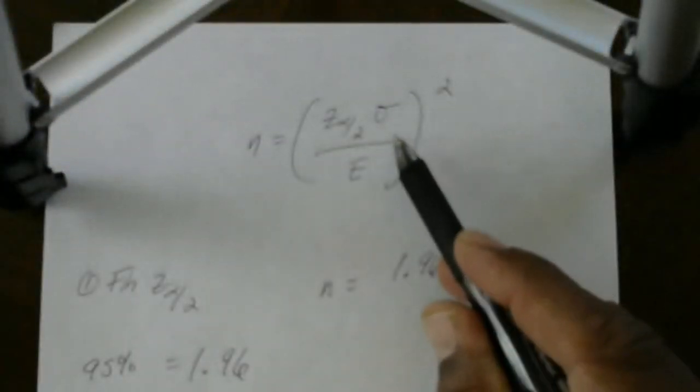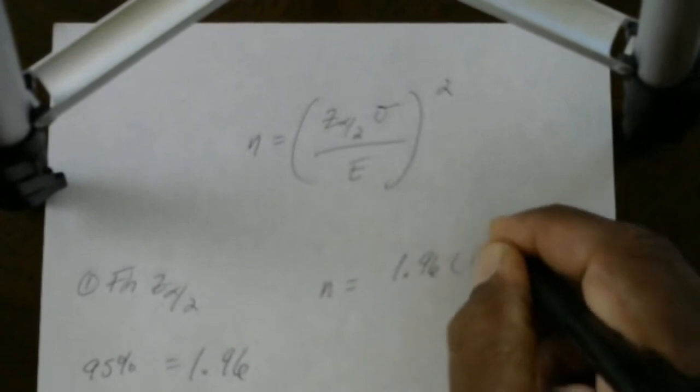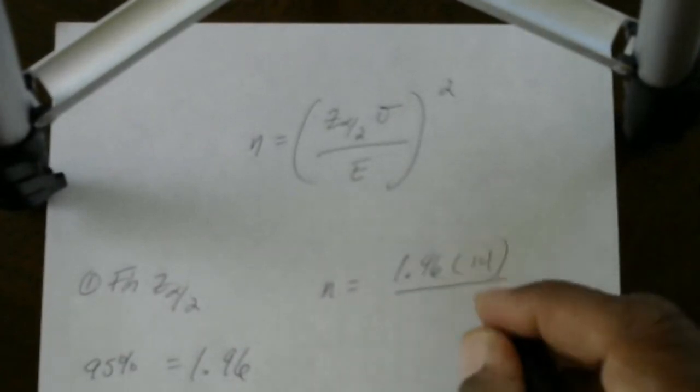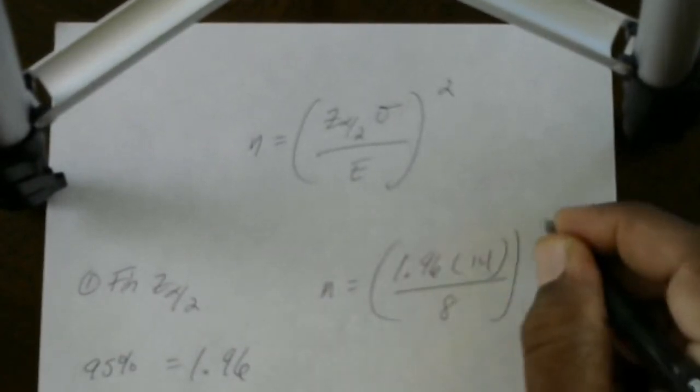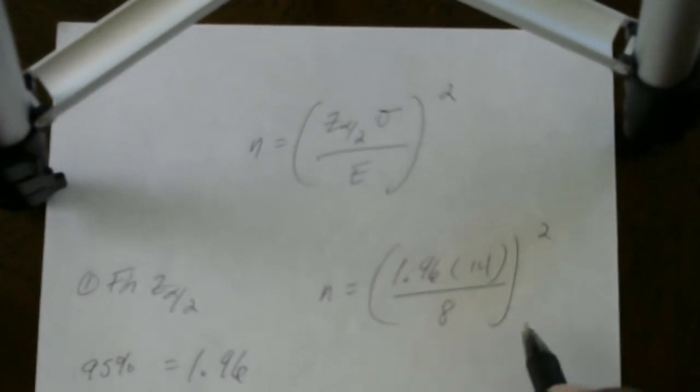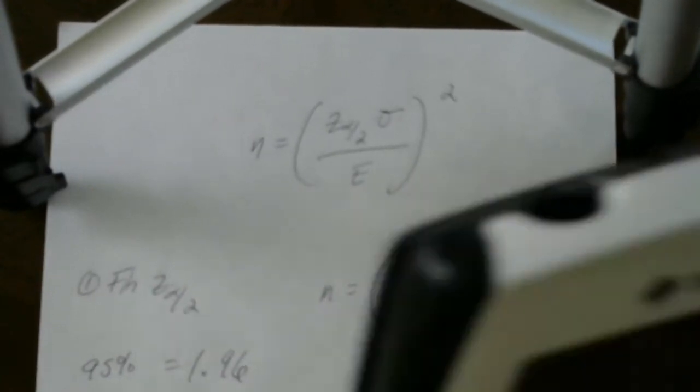So the standard deviation was 14. The margin of error was 8. And we're going to square that quantity.